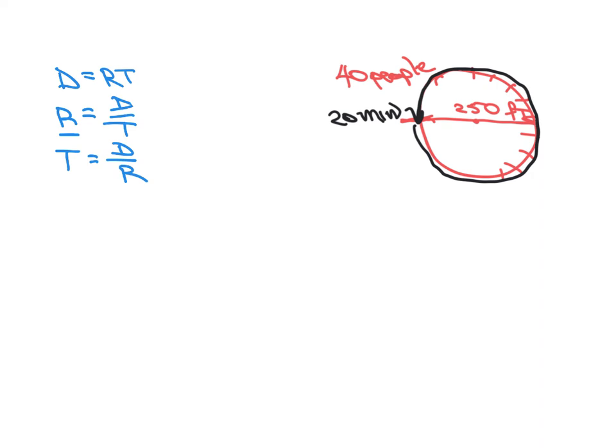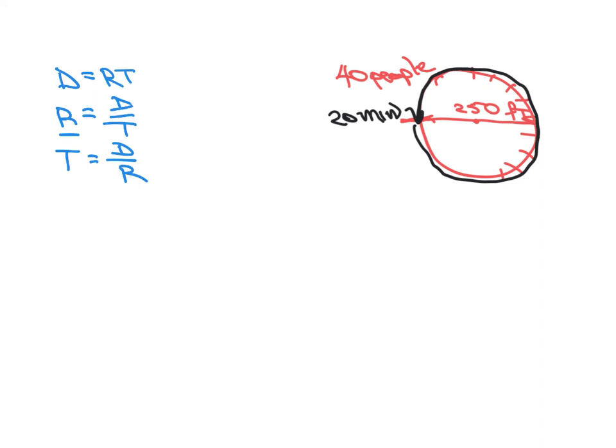All right, so one of the things that's really important is we were given a lot of information. We were given the diameter. We were given 36 carriages. We were also given 40 people, and that a trip around the wheel took 20 minutes. So we're given a lot of information, and not all of it is necessary.